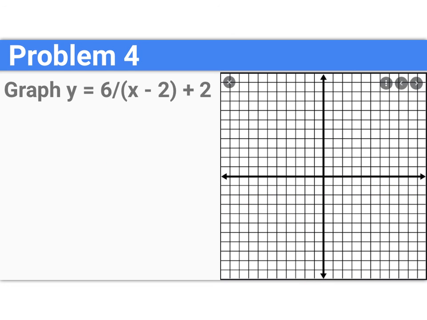And so one more. Same function, y equals 6 over x minus 2 plus 2.